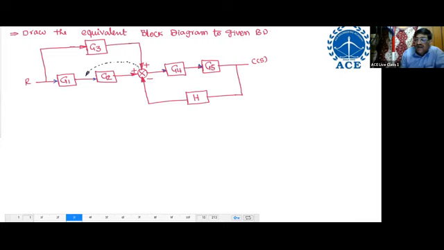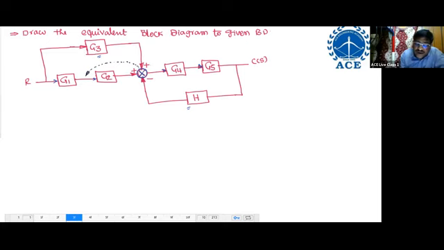The change occurs only in additional forward paths and feedback paths connected to that particular point. To this point, what is connected? G3 and H are connected. So there is a change in G3 and H only.